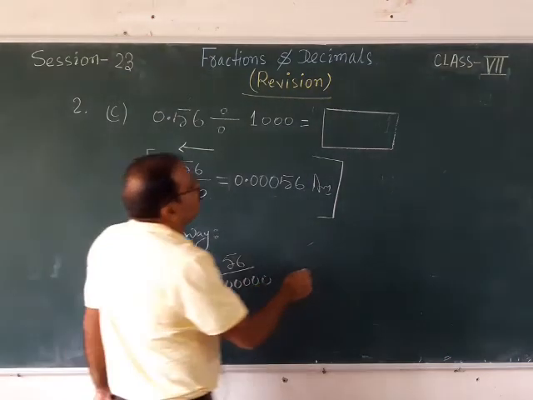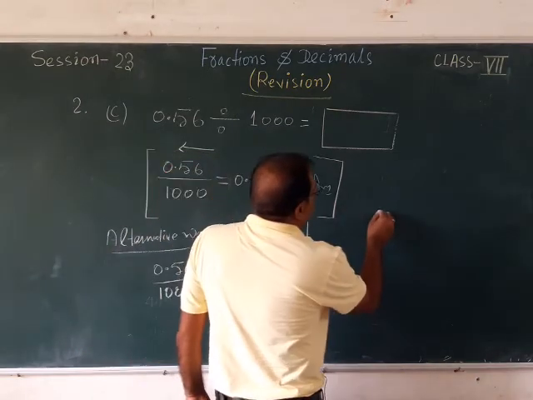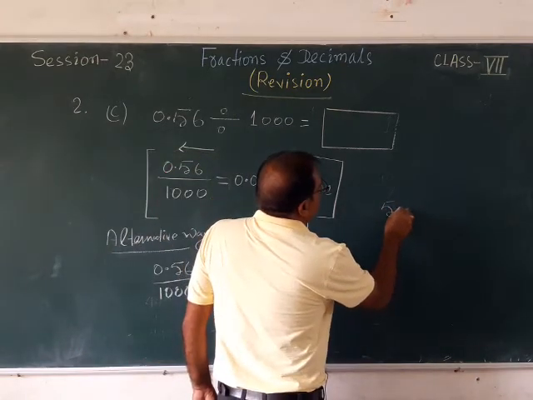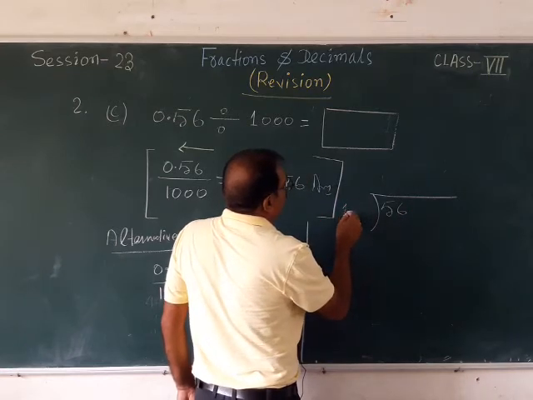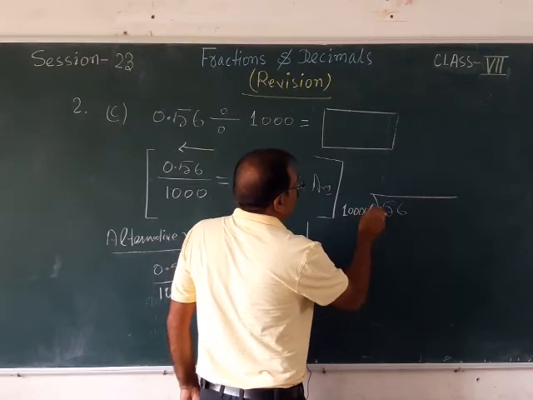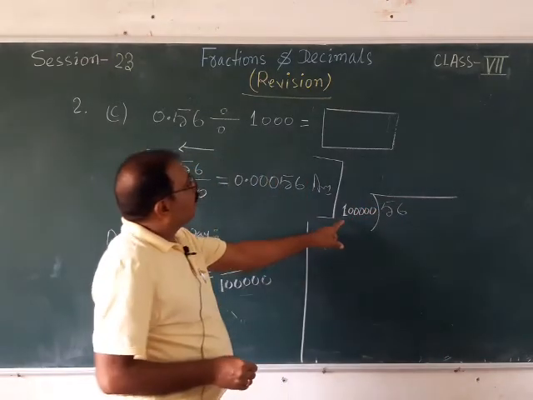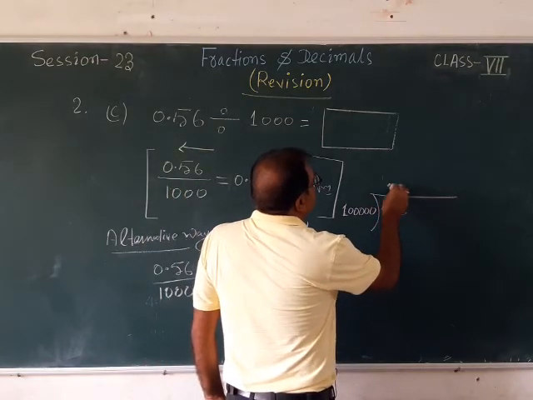Now you go for the normal division. How to divide it? You write 56 and it should be divided by 1 followed by 5 zeros, 1, 2, 3, 4 and 5 zeros. First of all I have to give a point.